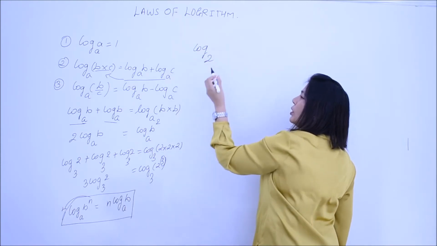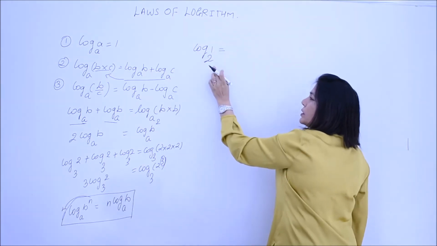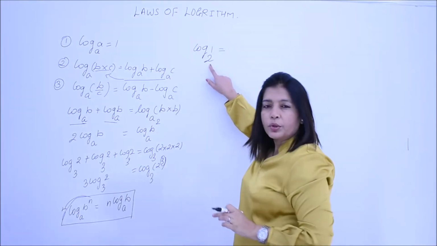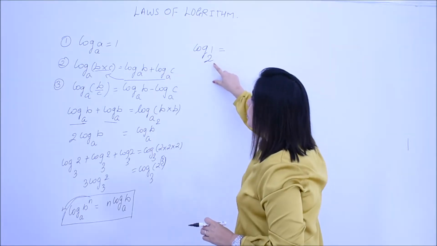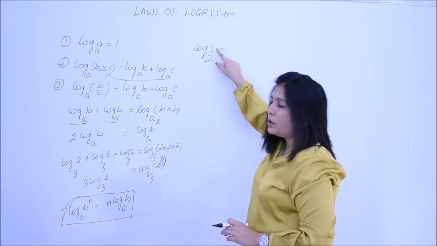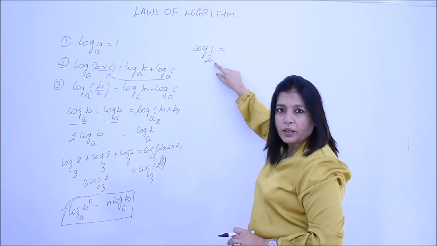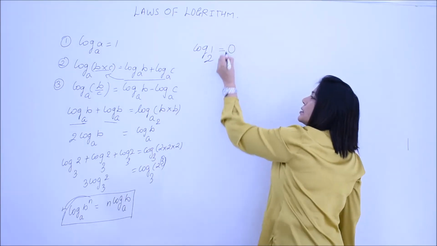Now we will study one more property. Let's say I give this example, log base 2 of 1. It means to what power this 2 should be raised in order to get this 1. I know that 2 is not going anywhere, and that's why the final result is 1. So it means 2 should be raised to no power, that is 0, and hence the answer is 0.